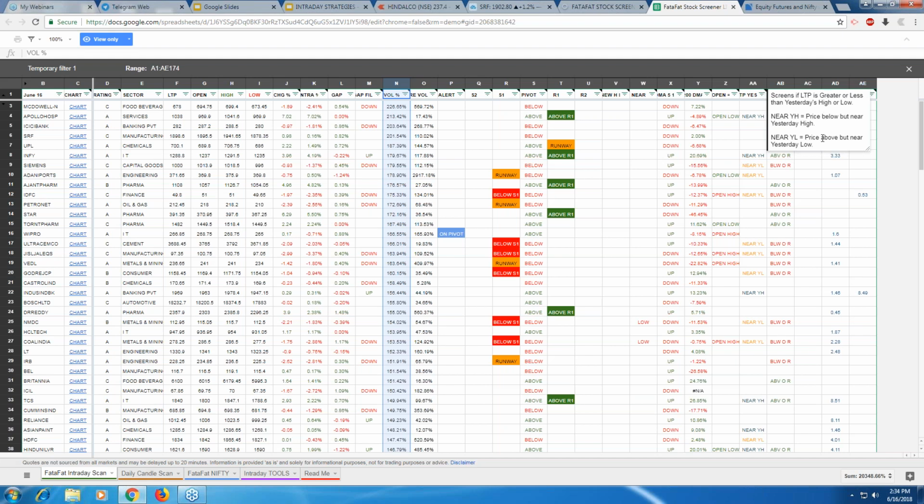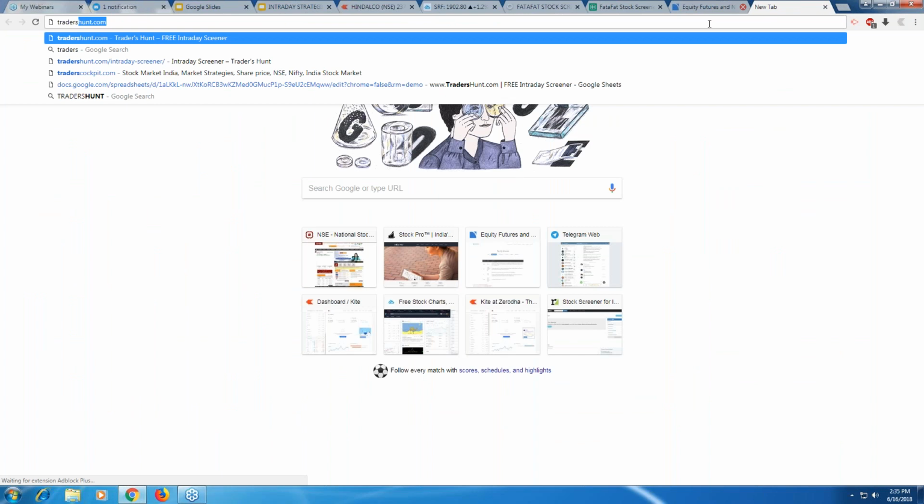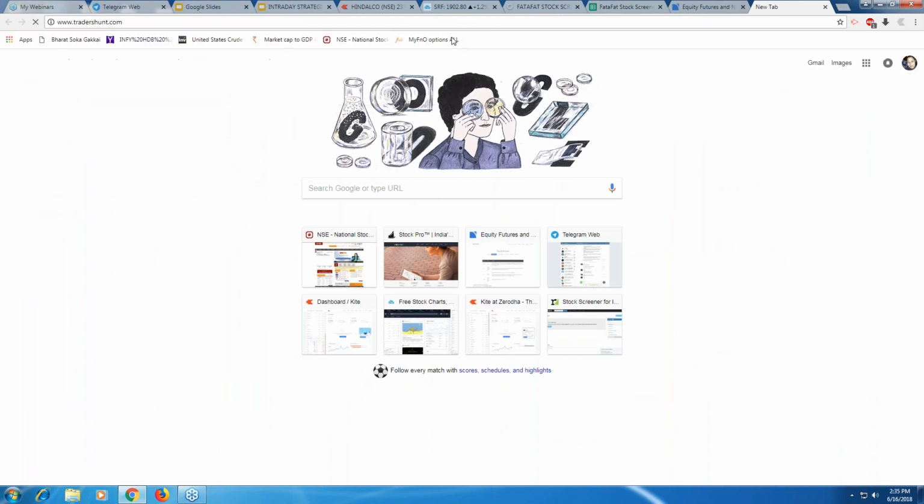Means you get to see from here whether the morning range is breaking out or not. That's one place. The other place that I showed you was Trader's Hunt, right? Trader's Hunt also can give you. Sometimes the stock hovers for a short time and then comes back to break its morning range, right? So you need to only go for the morning range.